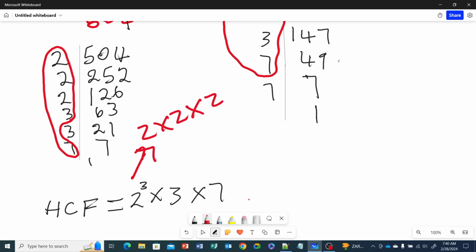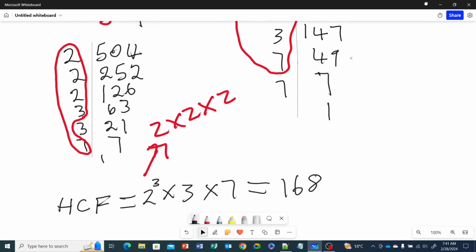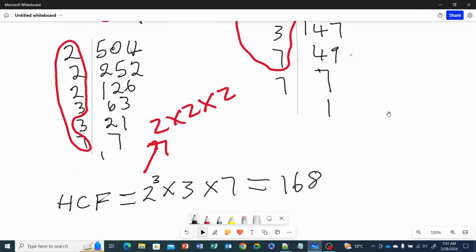Now, what is the final verdict here? So our highest common factor is 168. And to verify this, you can take 504 divided by 168. Then you take 1176. You can also divide by 168 and check how much you get.